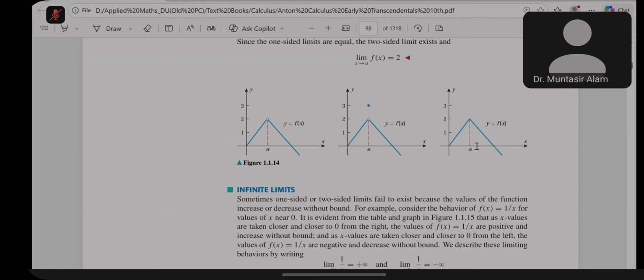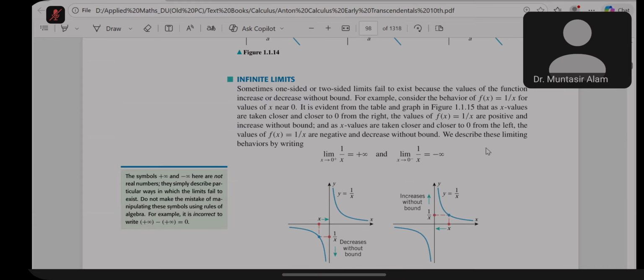But in the final figure, the limiting values as well as the function value all are same, which is 2. Therefore, the function is continuous at x equal to a. Right? Yes. Next, sir, infinite limits.